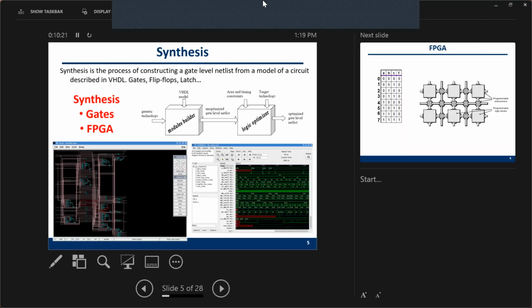But after the synthesis, after you actually consider those gates, you will have some extra information, for example, how fast your circuit can run. If you use an old process technology like 45 nanometer, maybe your circuit can only run at 1 gigahertz. If you have more advanced gates or process technology, for example 4 nanometer, maybe your circuit can run at 1.5 gigahertz. So when you actually consider the technology, you can simulate more.